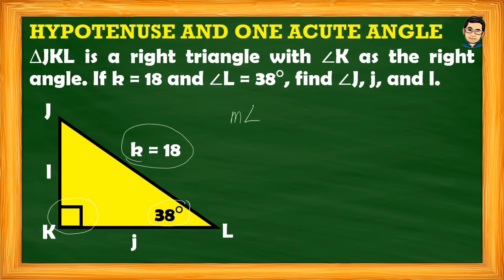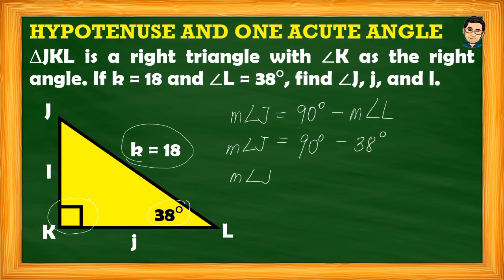Measure of angle J is equal to 90 degrees minus the measure of angle L. The measure of angle L is 38 degrees. So, ganyan lang. 90 minus 38 degrees. Kapag sinubtract natin yan, we'll get 52 degrees. So, ibig sabihin ang sukat ng angle J is 52 degrees.